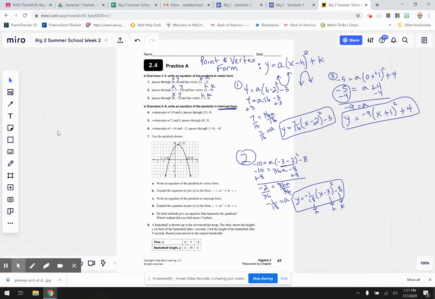Okay, intercept form is this: y equals, and it's still a, and now you've got your two intercepts, x minus your first intercept times x minus your second intercept, and those are going to be called p and q.